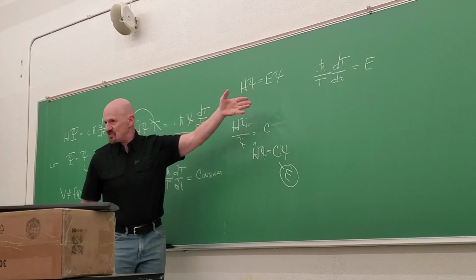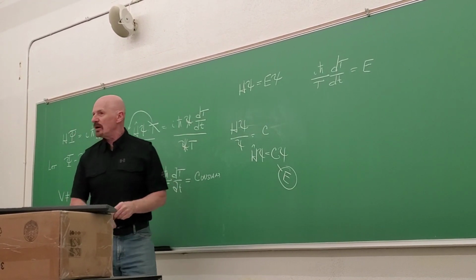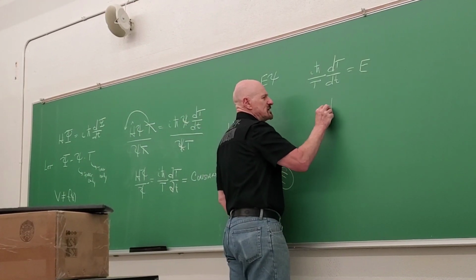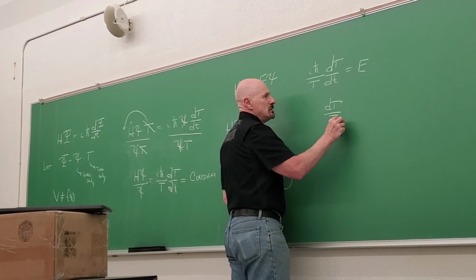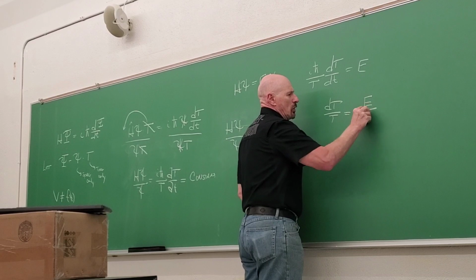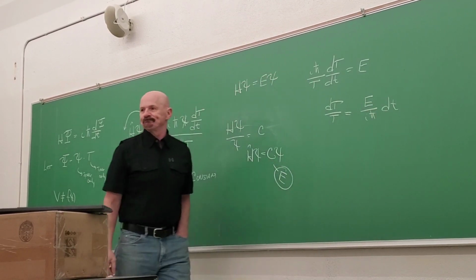But this one I can solve. Now, this is just a simple single derivative. I can do a separation of variables and get an answer. So for this, I can write that dT over T is equal to E over iħ dt.